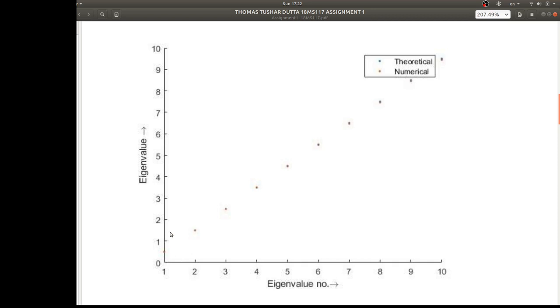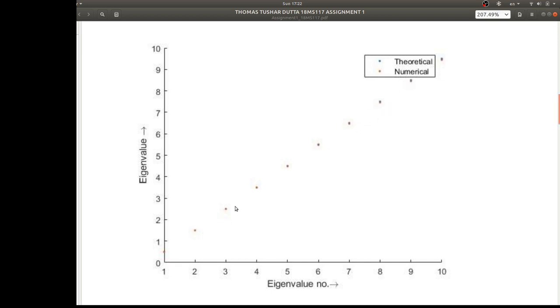That would be the theoretically predicted one for the harmonic oscillator, as you know, and the numerically obtained one, simply extracting the eigenvalues of the Hamiltonian matrix, is also plotted here.